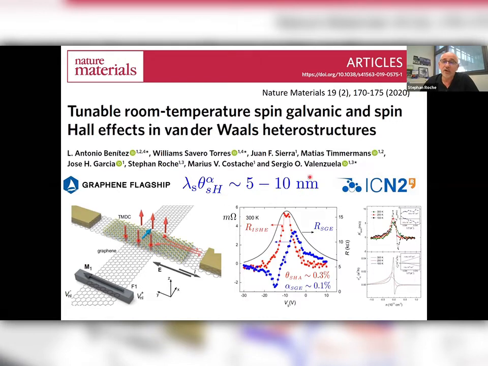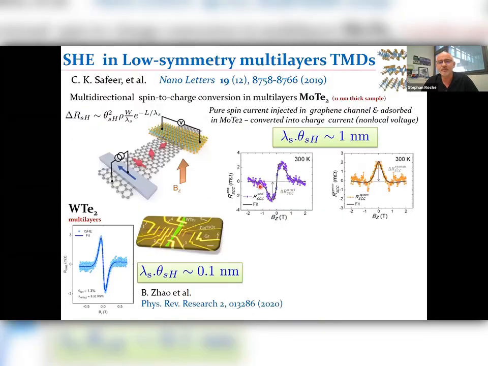The conclusion about the figure of merit for graphene deposited on transition metal dichalcogenide was that the product of the spin diffusion length times the spin-Hall angle could reach at least 2 orders of magnitude higher than a conventional metal like heavy metals. So that's a very good achievement on a system at room temperature, on a system that is scalable.